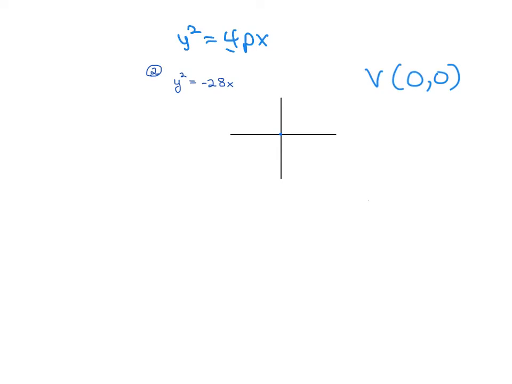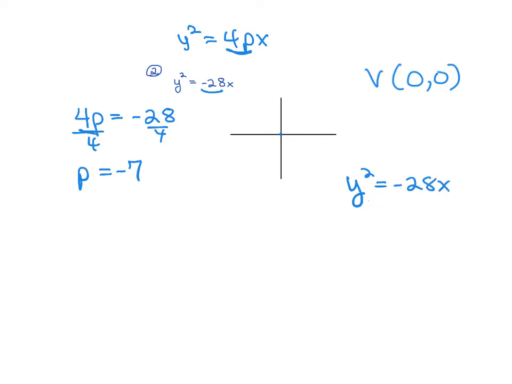So remember, 4p is represented by the number in front of x. So to find the p-value, I'm going to do 4p equals -28. I'm going to divide both sides by 4, and my p-value is -7. So now I need to find an additional point so I can graph my parabola.